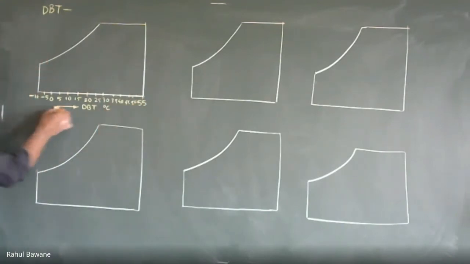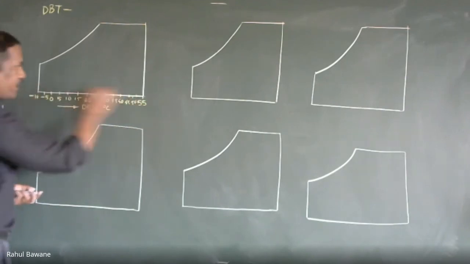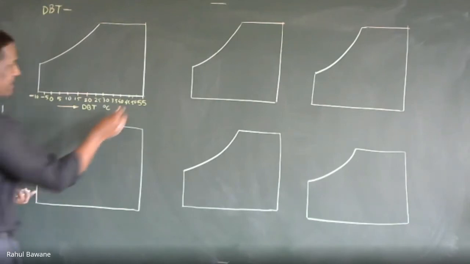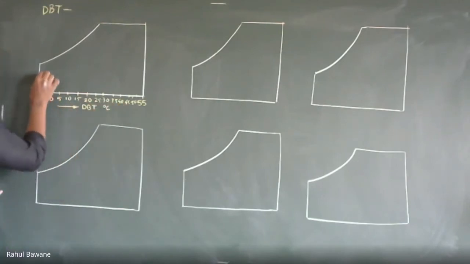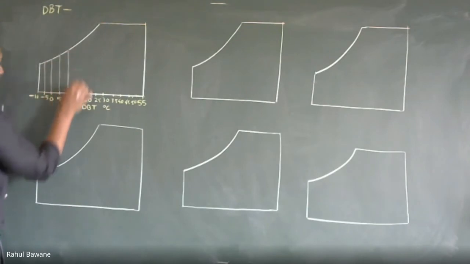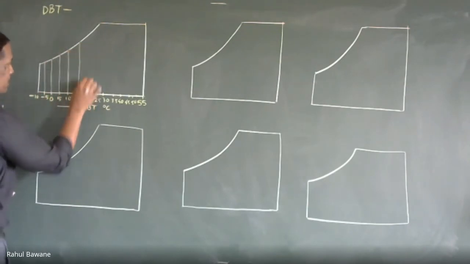So this is the dry bulb temperature scale on the horizontal bottom side of this psychrometric chart, and the dry bulb temperature lines, if I observe, are simply exact vertical lines from all these points.